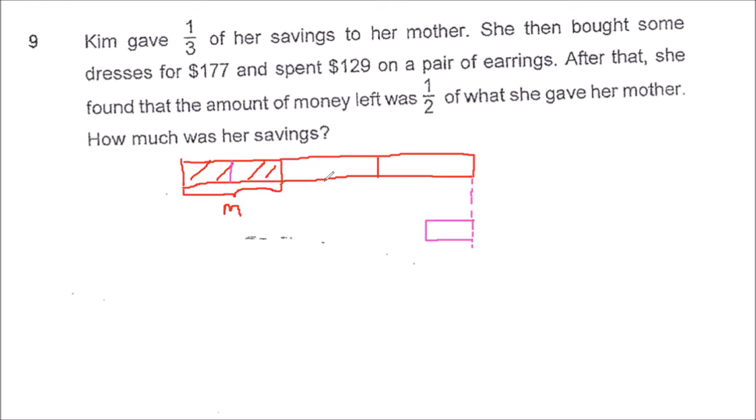Okay, so guys, that means we make them all the same units. This big unit here can be cut into half, so now we have all the same unit size. From here to what is left, she spent some money on a dress and a pair of earrings. She spent 177 on the dress, and she also spent 129 on a pair of earrings.